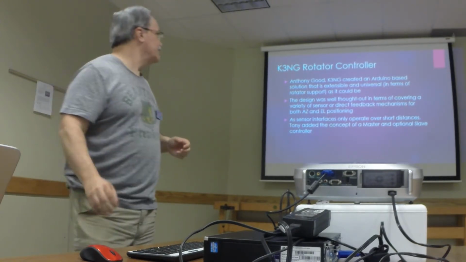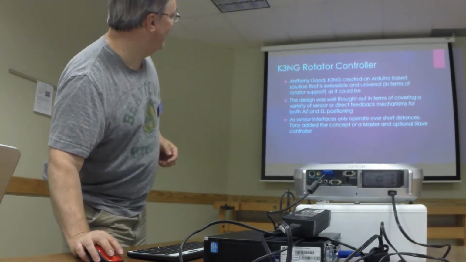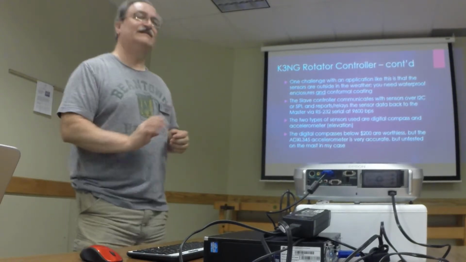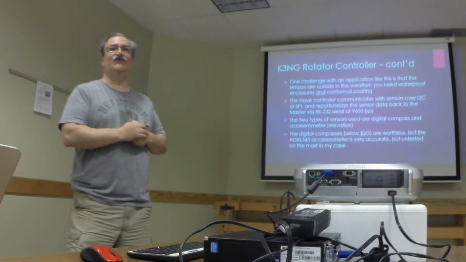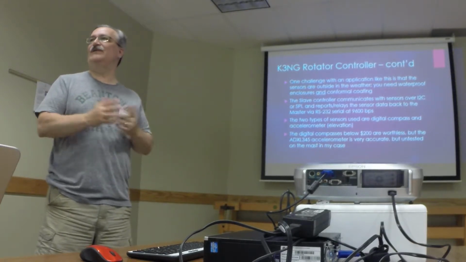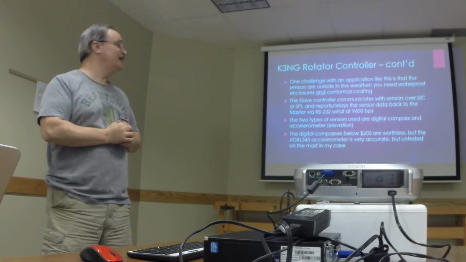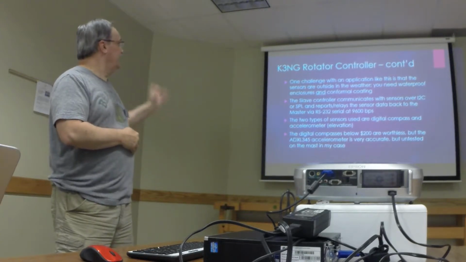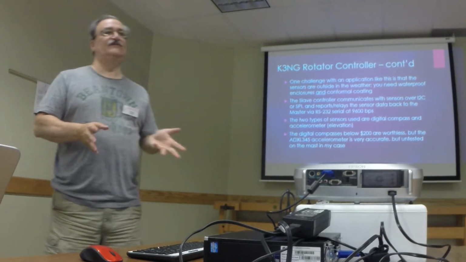The main challenge, though, aside from bugs in the software that you're going to get on an open source project, because you have so many people, so many fingers in the pie, so to speak, you're going to get some bugs. But first of all, the sensors are going to be outside.